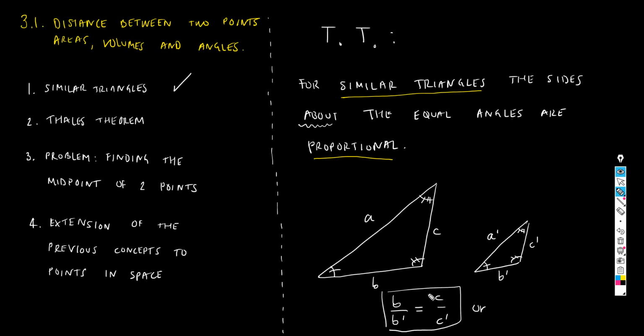Or another way to say the same is this: B is to C as B prime is to C prime. There you go. Perfect. So either of these two equations work perfectly.